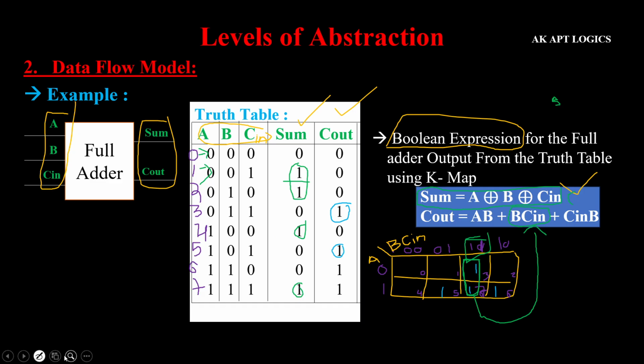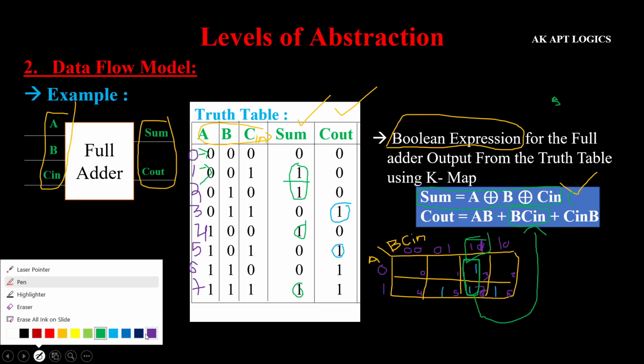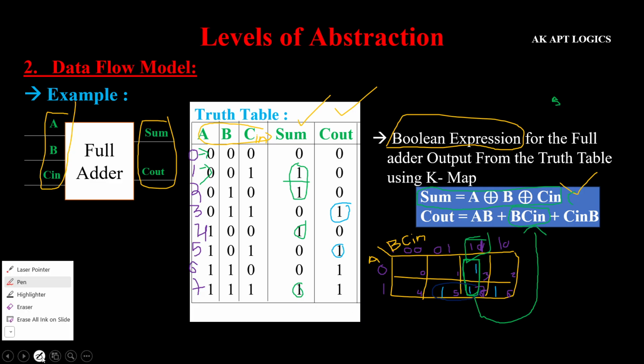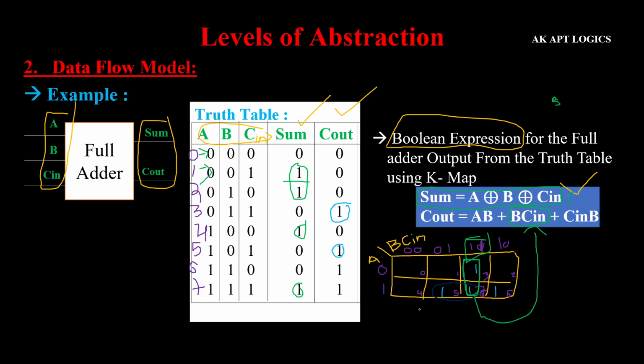And from another pair, from this pair, you can't see it clearly. Horizontally, A is common for both cells, 5 and 7.